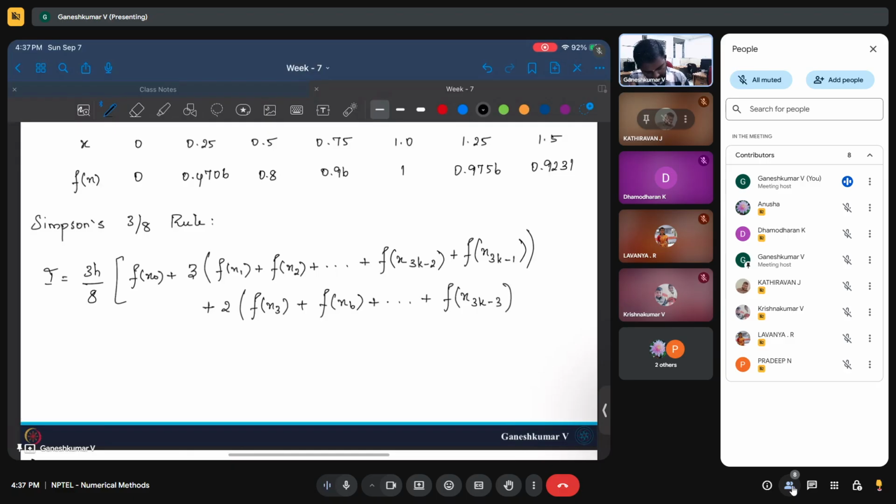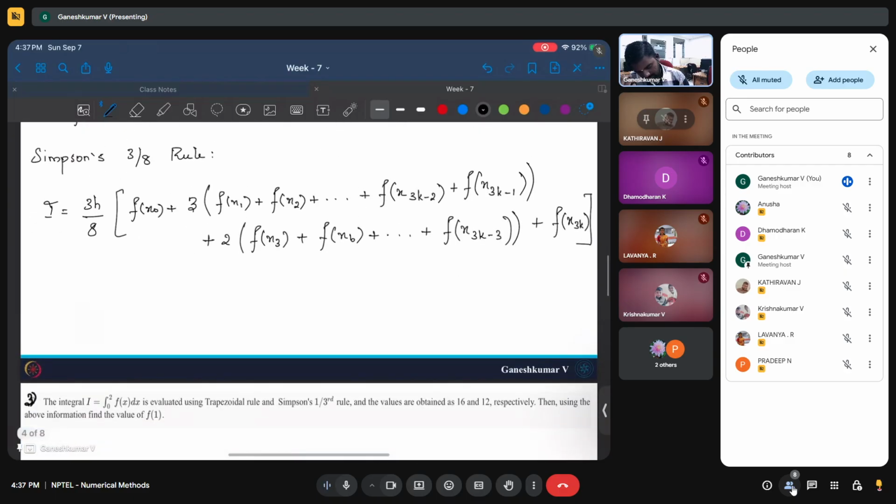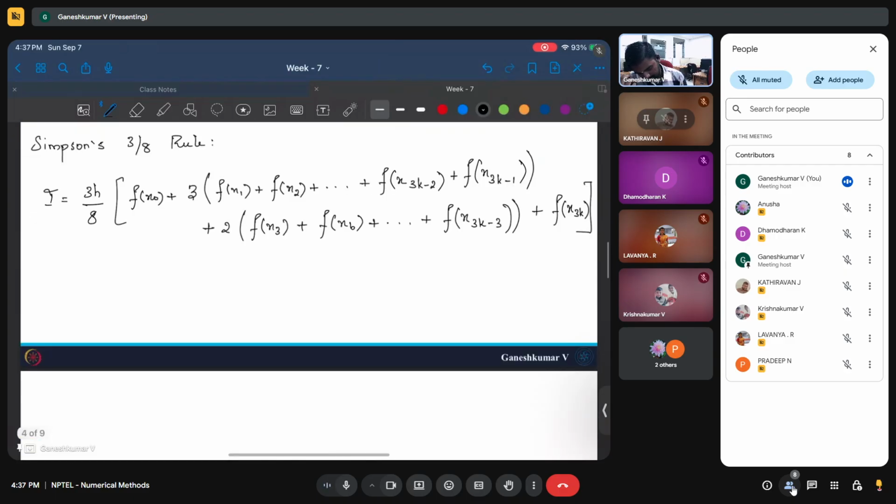Here it's minus 3 because the 3k is going to be your final data point. Okay, is that correct? Yeah. So this is your Simpson's 3 by 8 rule.